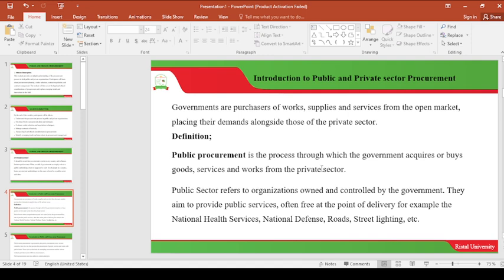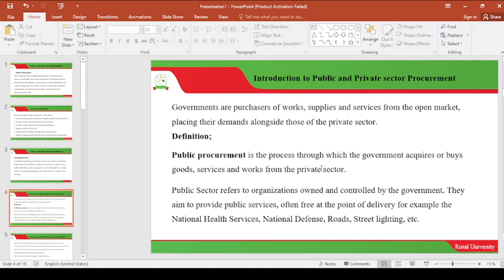This kind of procurement may involve buying weapons for training of the army. This can also involve buying trucks for the army.